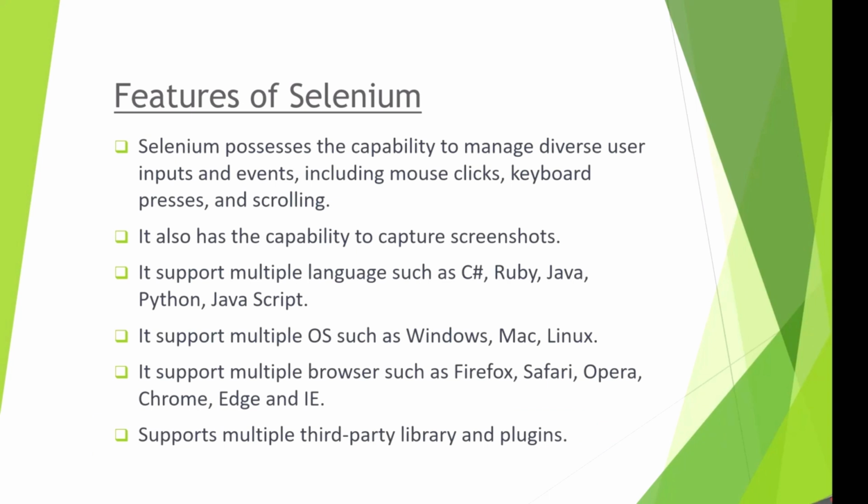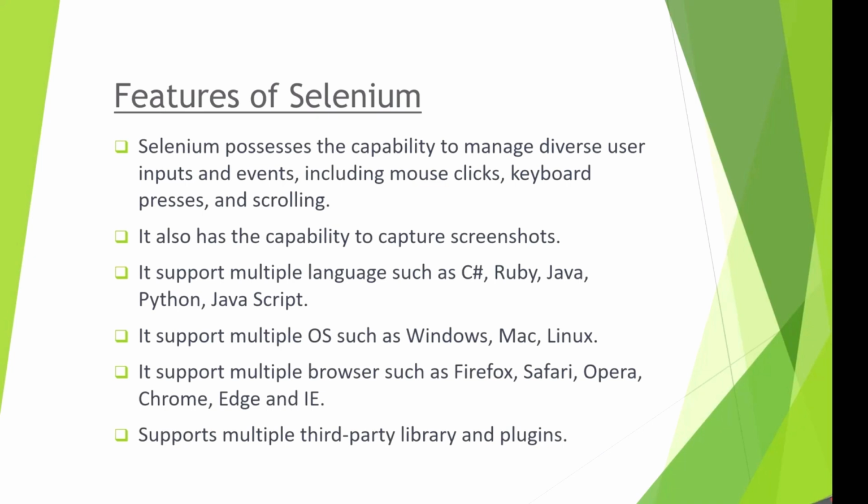So in this slide, we'll discuss what are the different features of Selenium and why it is so popular. Selenium possesses the capability to manage different user inputs and events, including mouse click, keyboard key press, and scrolling up and down. We can capture screenshots using Selenium.